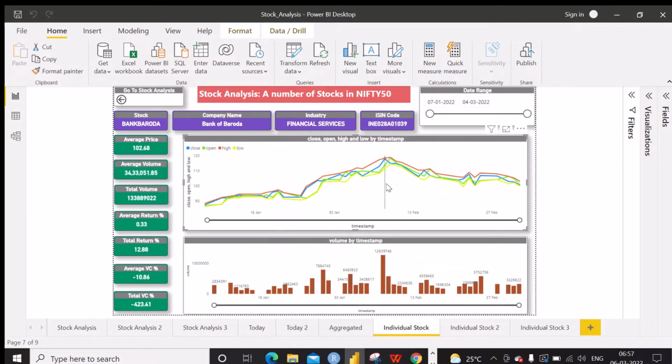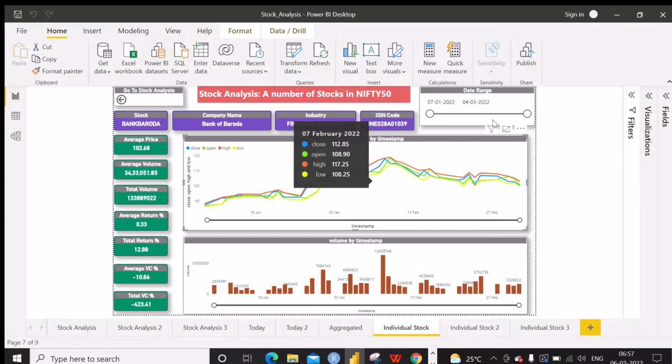What happens on 7th February? The open close price is 112.85. It is higher than the average price per day, so it is a good day. On that day, the volume of transaction is very high. That kind of information we can get from this chart.